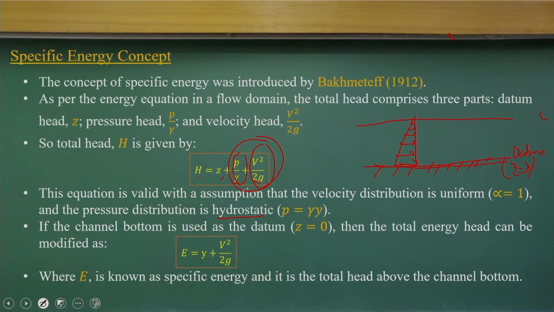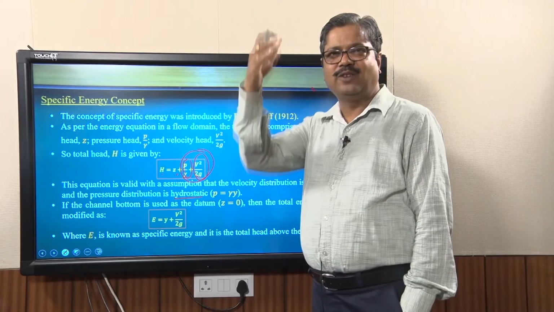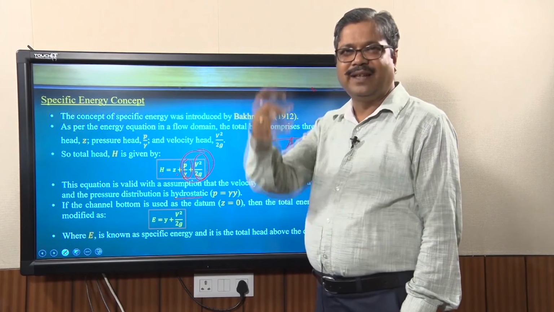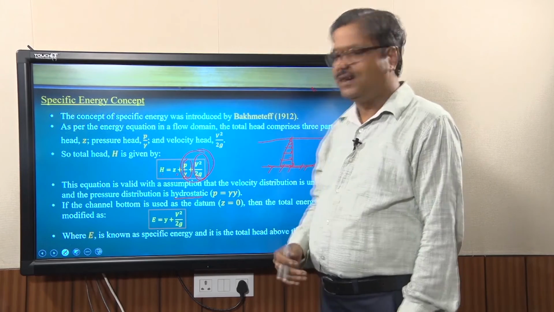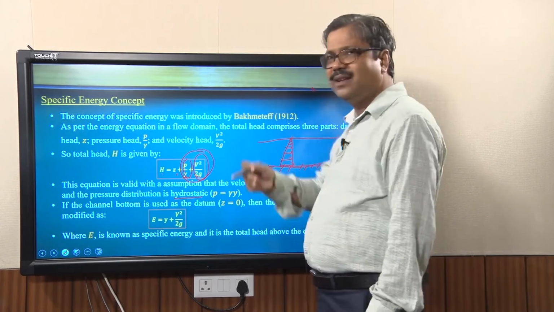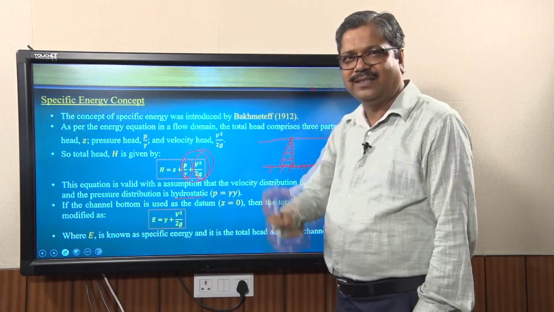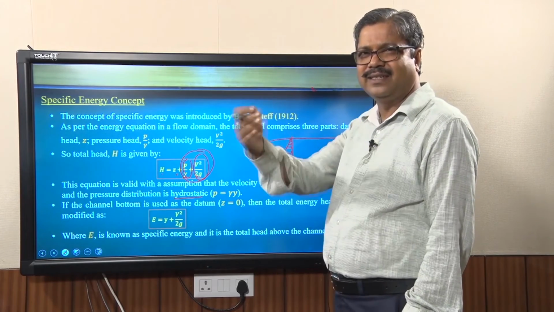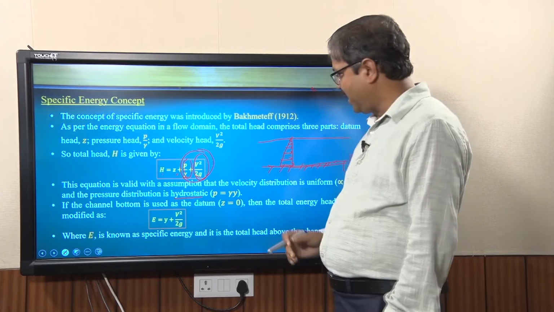So the pressure distribution is hydrostatic. It only varies with depth, as a linear triangular distribution. As you increase the depth, the pressure increases. It is a linear function, as discussed in fluid mechanics.